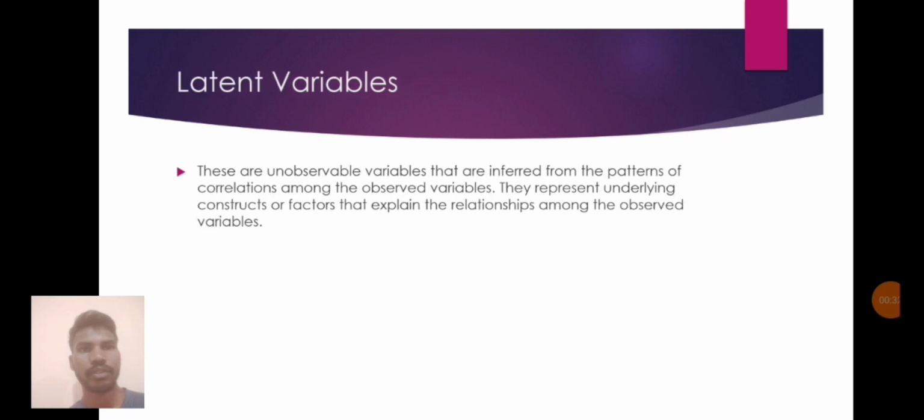Hidden variables: these are unobservable variables that are inferred from the pattern of correlations among the observed variables. They represent underlying constructs or factors that explain the relationships among the observed variables.